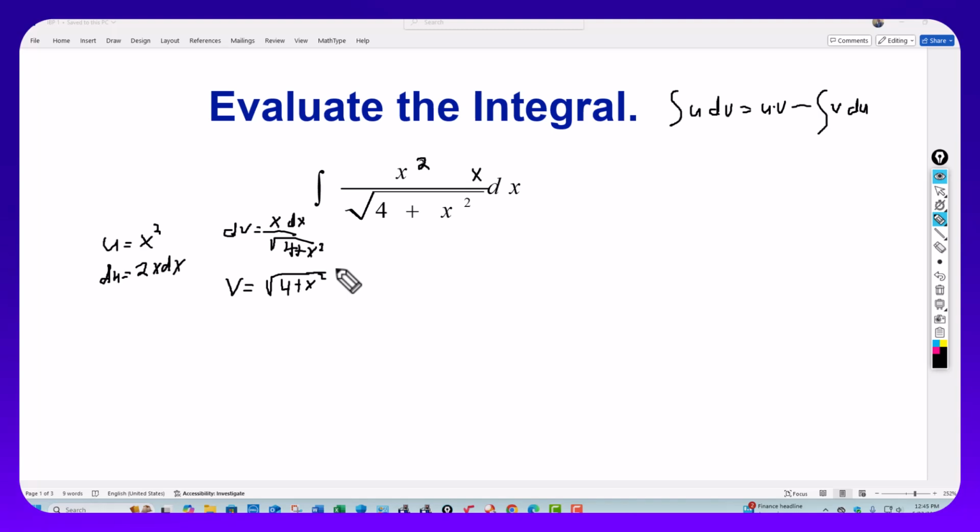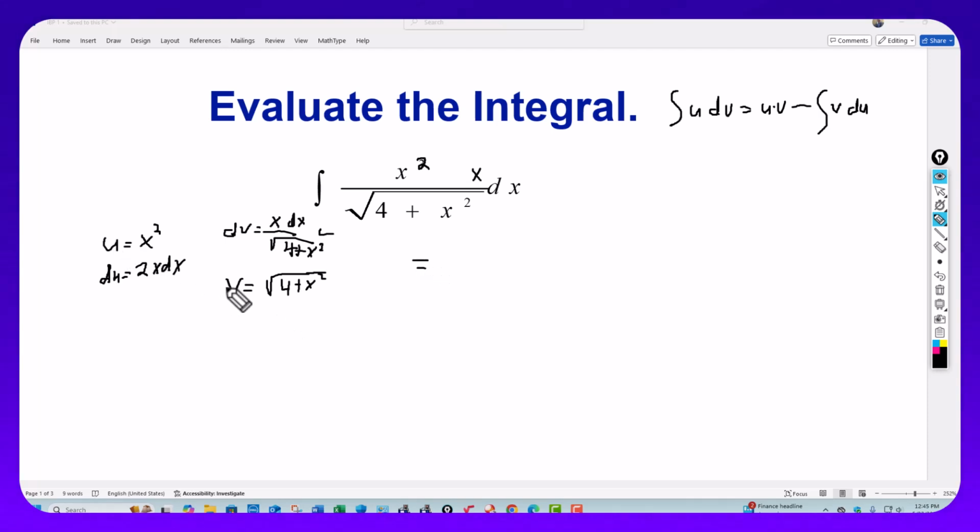And then subtracting 1 from the exponent 1/2 gives me a negative 1/2. Take it to the denominator, I got the square root of 4 plus x squared. So this checks out. Again, you can double check this by letting t, pick another variable since we already used u, let t equal 4 plus x squared, and then proceed with a standard t substitution.